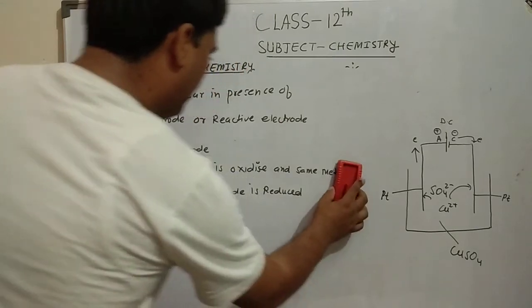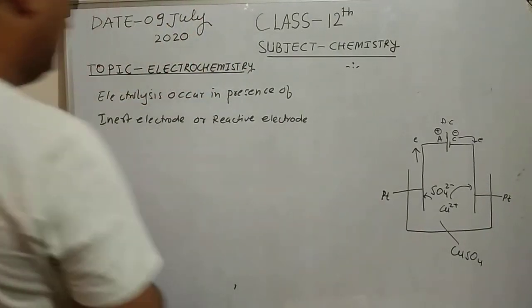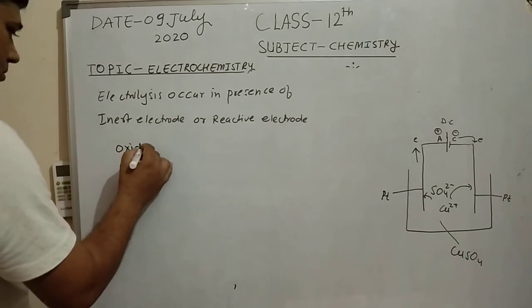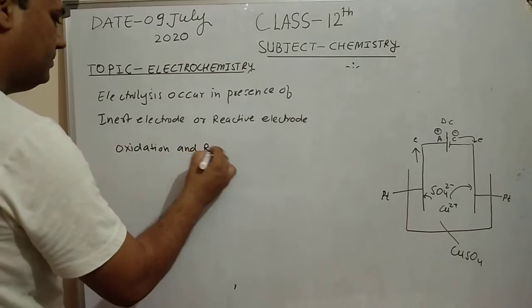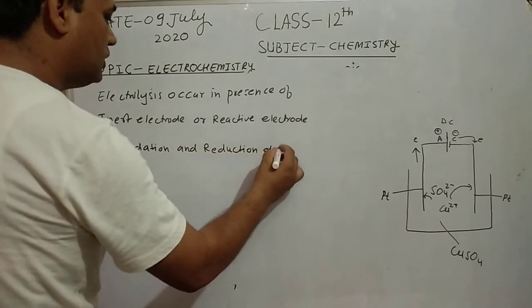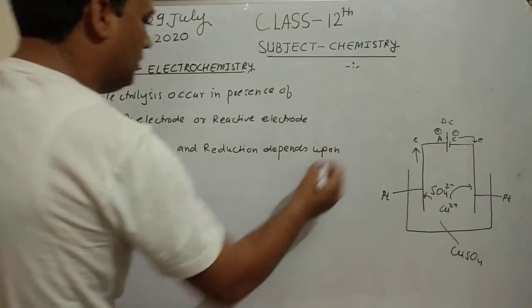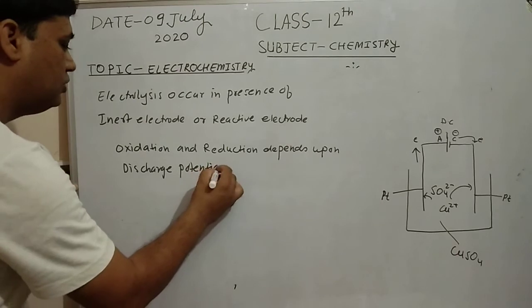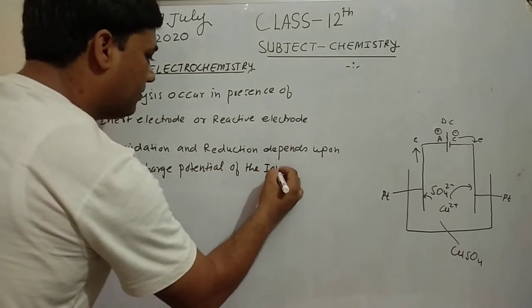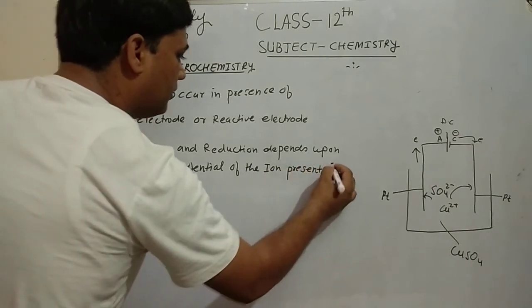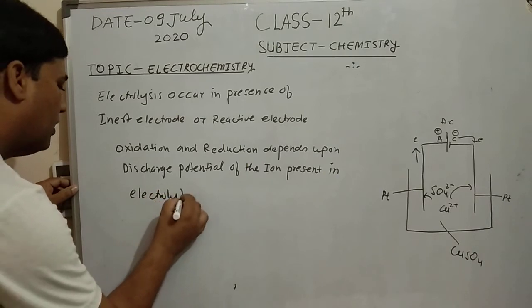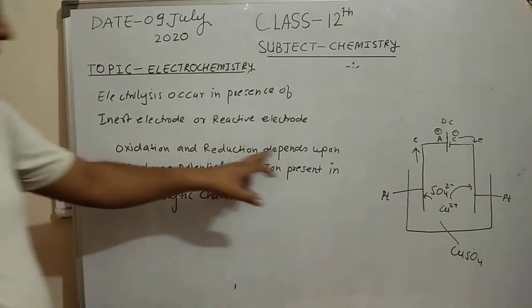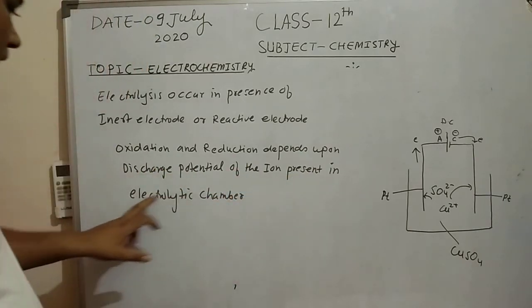But in case of an inert electrode, oxidation and reduction depend upon the discharge potential of the ions present in the electrolytic chamber.